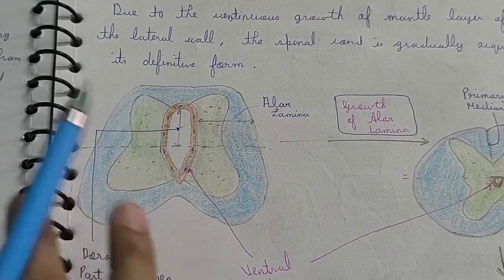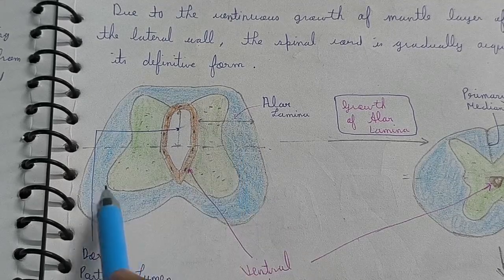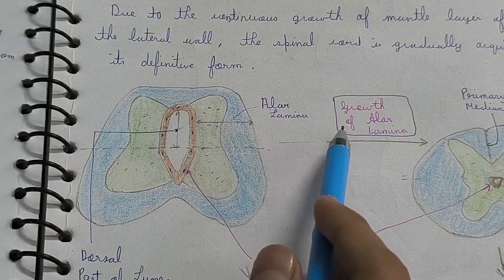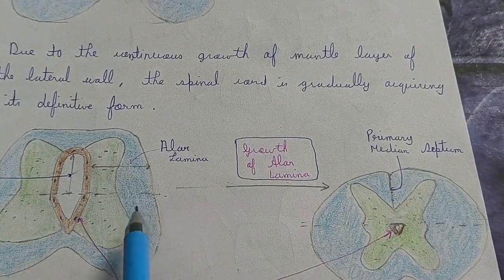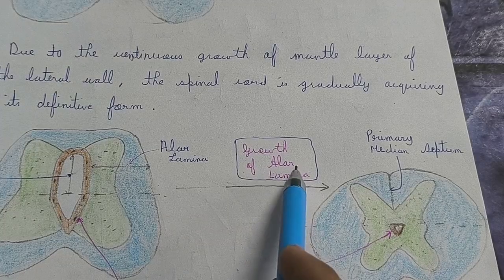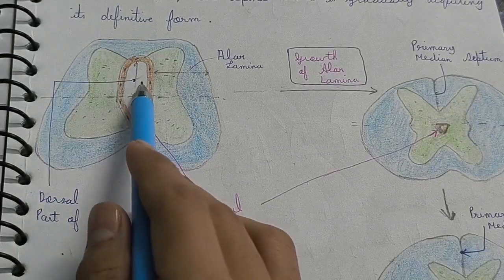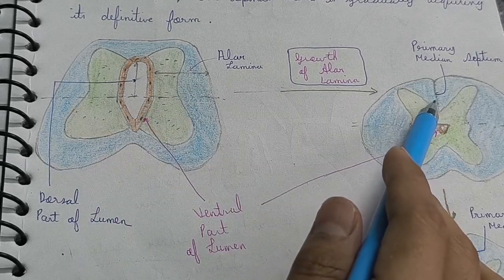Now here again is the diagram. This is the alar lamina, this is the dorsal part of the lumen. Now I want to talk about the growth of the alar lamina. You see that due to this continuous growth of the alar lamina, the dorsal part of the lumen which was there initially has been completely obliterated.